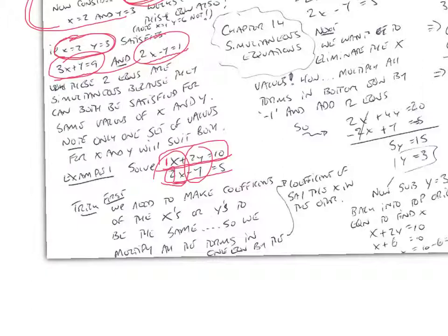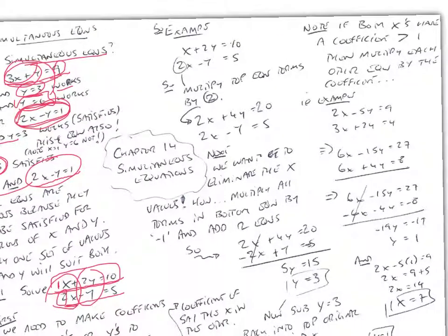If we have those two equations, x plus 2y equals 10 and 2x minus y equals 5, and we multiply everything up here by 2, we'll get 2x plus 4y is equal to 20. And we have our original lower equation here.